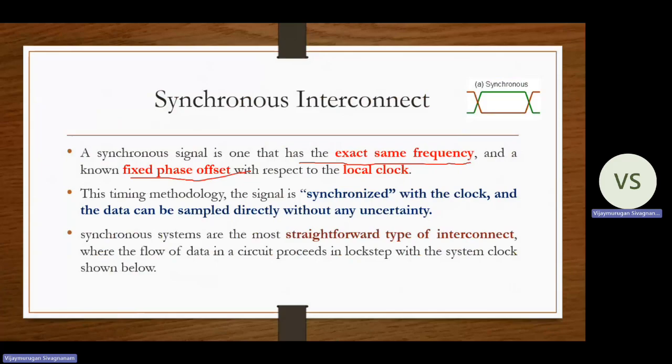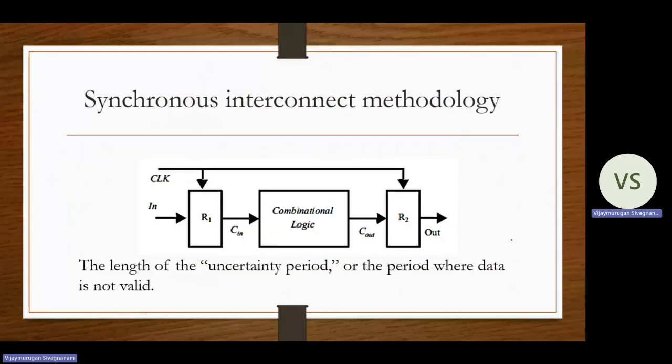After the clock pulse hits, it directly gets the data and samples it. The synchronous system is the most straightforward type of interconnect, where the flow of data in a circuit proceeds in lockstep with the system clock shown below. This is the simple structure for the synchronous interconnect methodology.